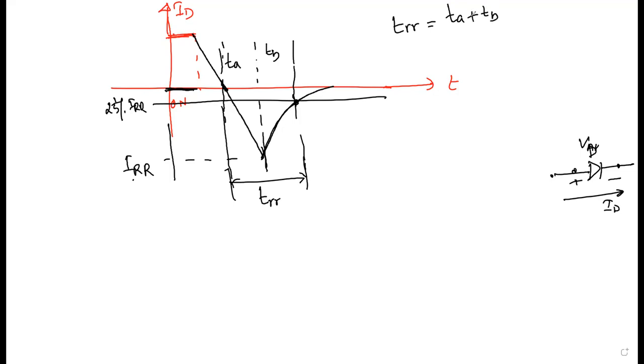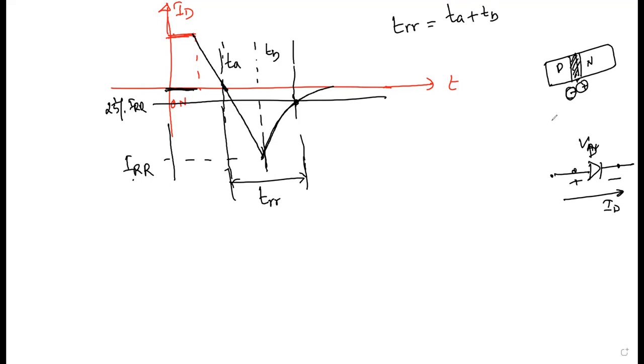This TA time is required for the diode to sweep out the minority carriers across the junction. Suppose this is your PN junction. There are some minority carriers here, negative, and here the minority carriers are holes. These need to be recombined or vanish, so it takes this time.